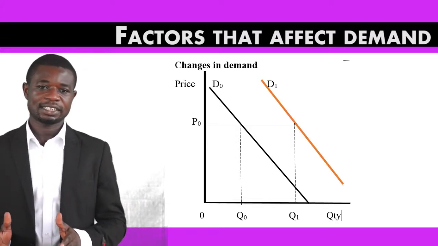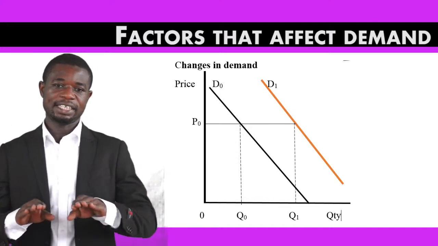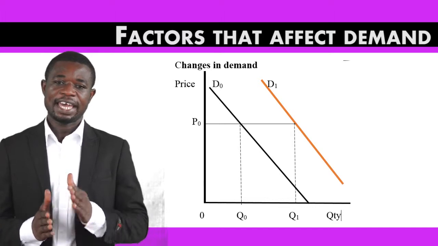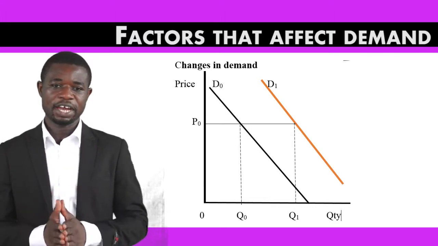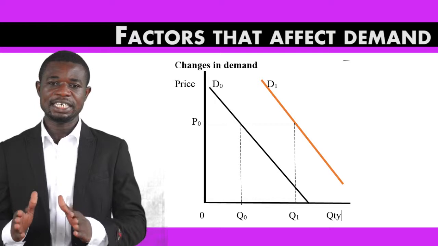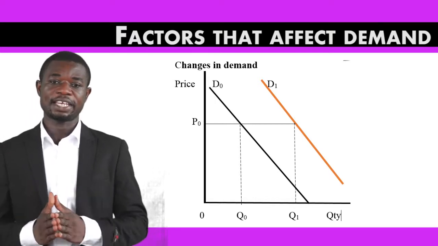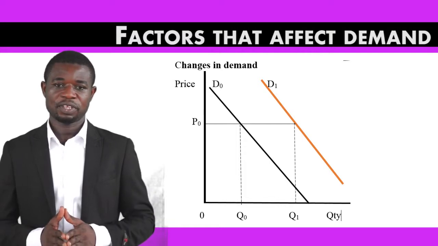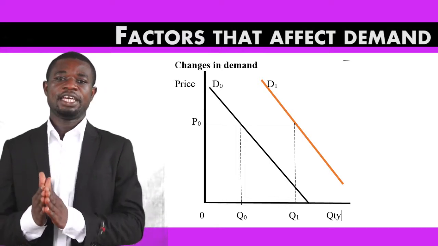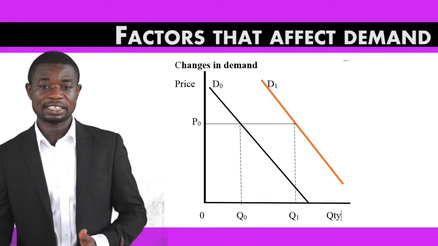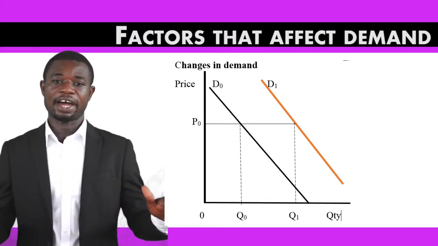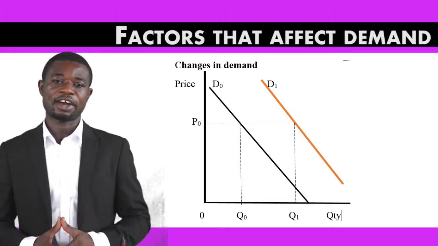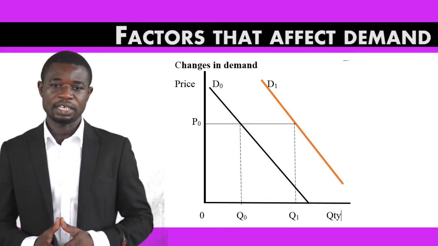You realize that the price is the same, and with the D0 demand curve, it has corresponding quantity Q0. And with the D1 demand curve, which is the new demand curve, we have its corresponding quantity Q1. Anytime the income level increases at the same price, the quantity demanded is going to increase, as the diagram demonstrates.